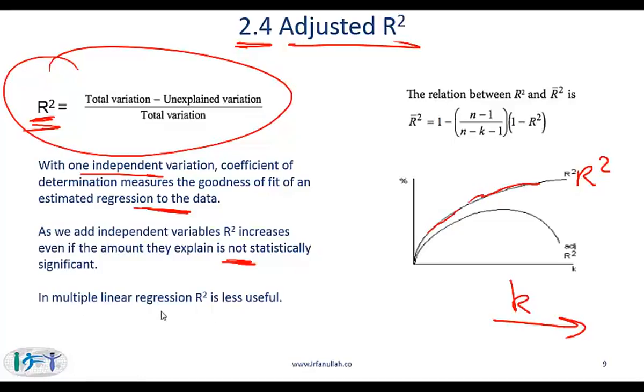So even though in multiple linear regression you will often see the R squared number, what is actually more useful is something called the adjusted R squared. Okay, so R squared is less useful in multiple regression than it is in single variable regression. So instead we use something called the adjusted R squared.